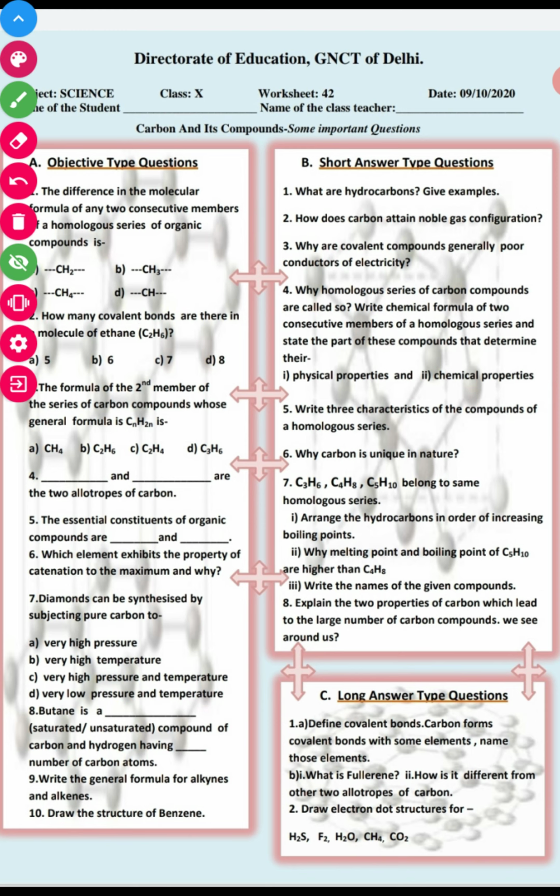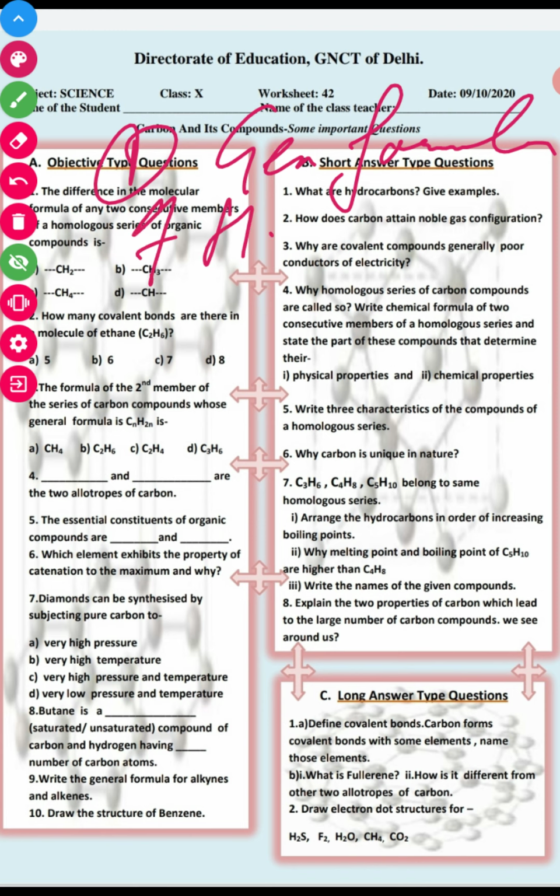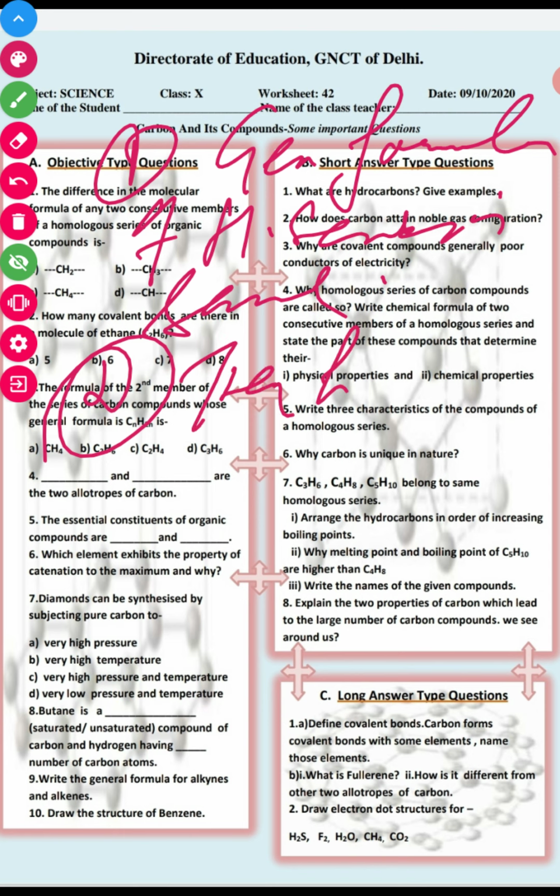Next question: write three characteristics of the compounds of a homologous series. First, the general formula of all the compounds of the series is the same. So first you can write that the general formula of a homologous series is the same. Second, they have the same functional group.